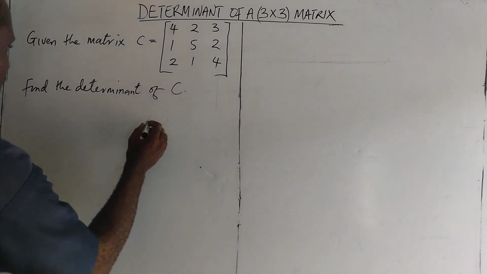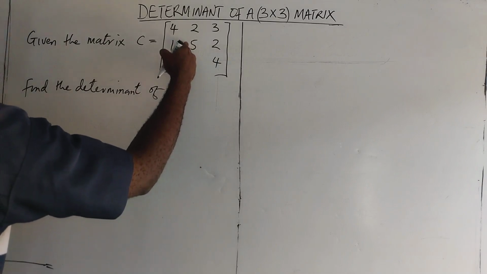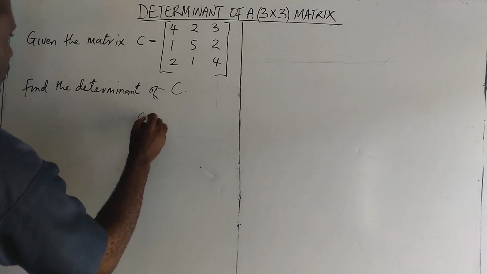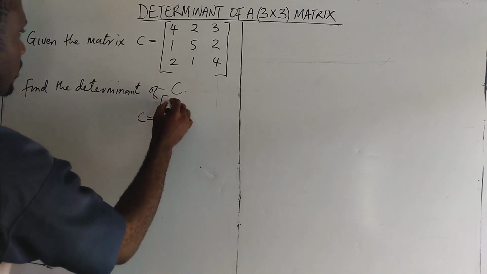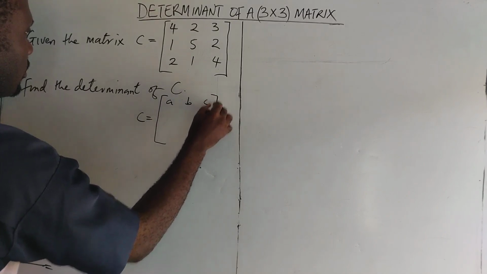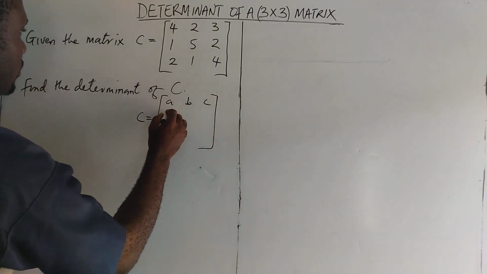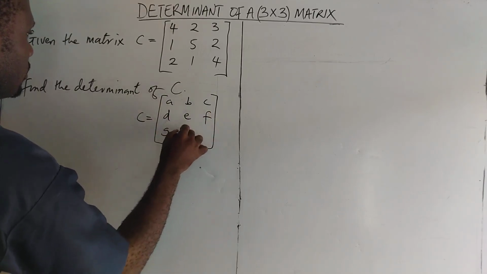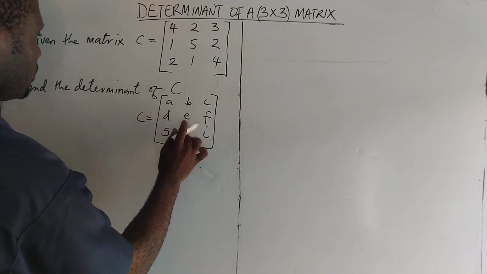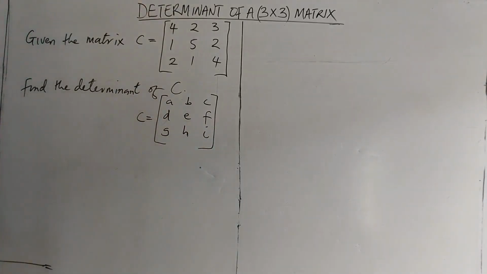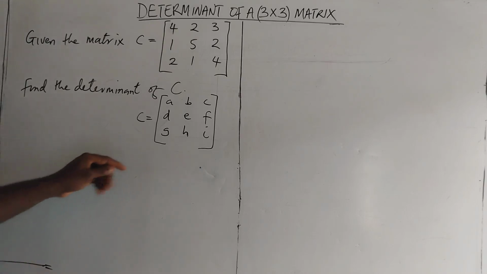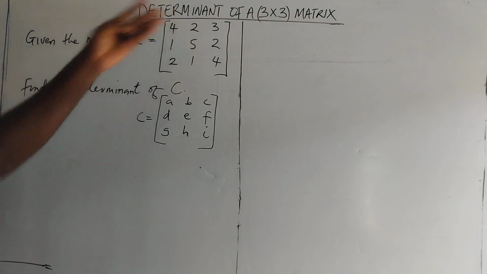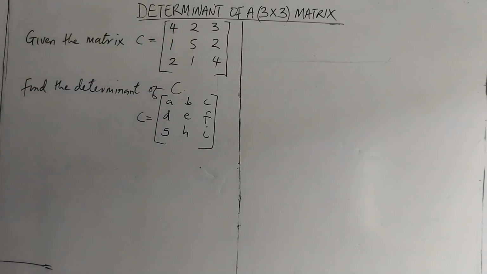For example, if I rewrite this matrix in this form, okay, now this is still 3 by 3. I want to use this to explain what I'm going to do here.